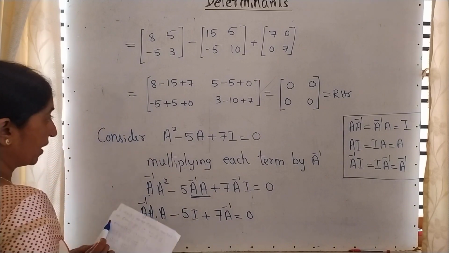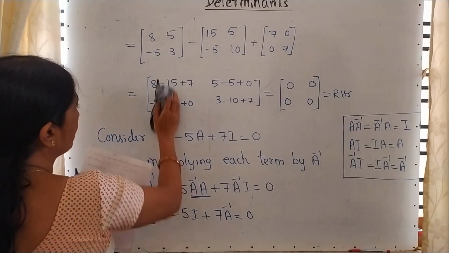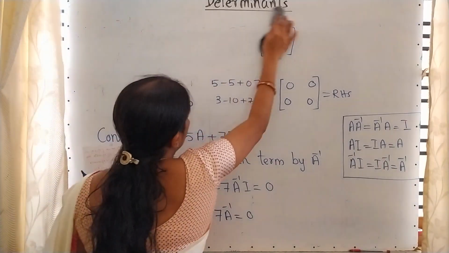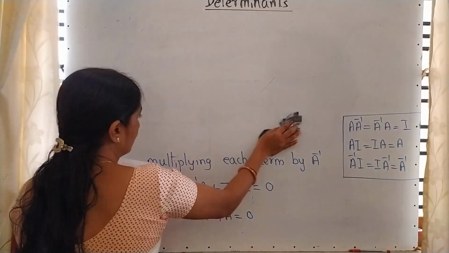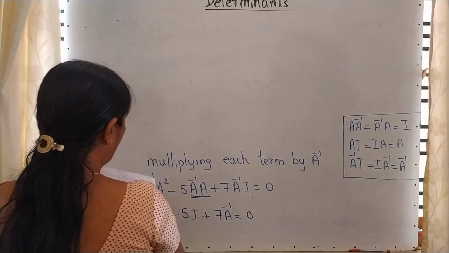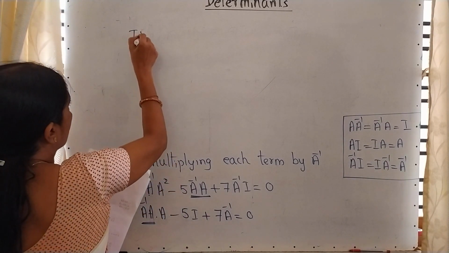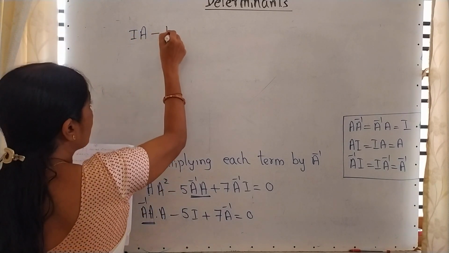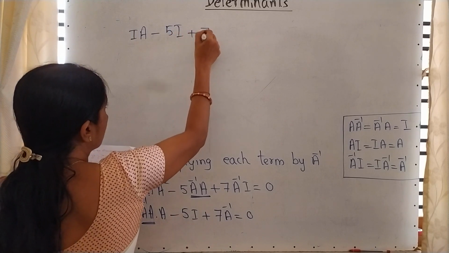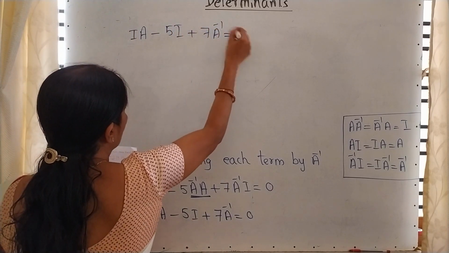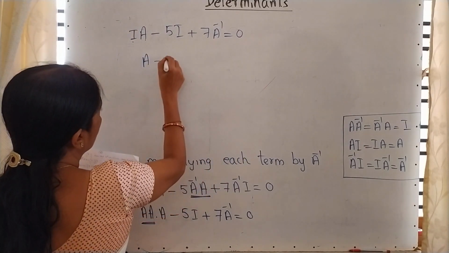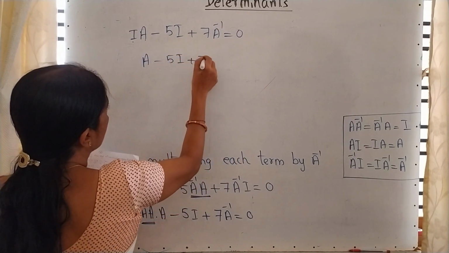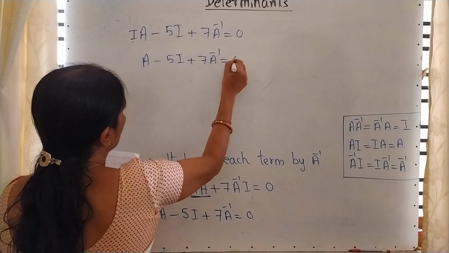A inverse into A. A inverse into A is I. So this is I into A minus 5I plus 7A inverse is equal to 0. I into A is A, that I gave side, minus 5I plus 7A inverse is equal to 0.